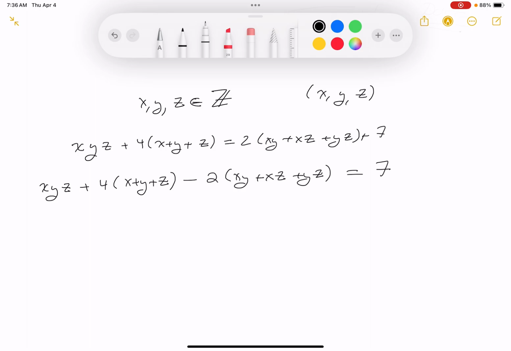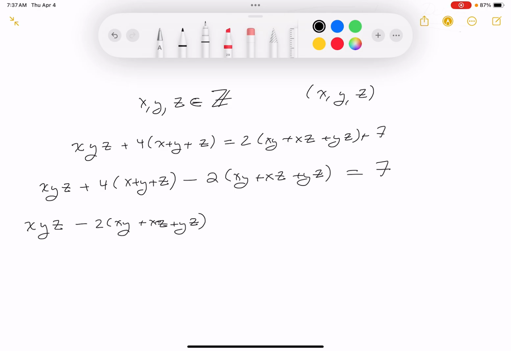And I'm going to rearrange it a little bit, and I'll write this over here. So I'm going to write down xyz. It sort of looks like it's almost binomial in form, but anyway, let's keep going through it. So xyz, I'm going to say minus 2 times xy plus xz plus yz. It's always tough doing this, by the way.